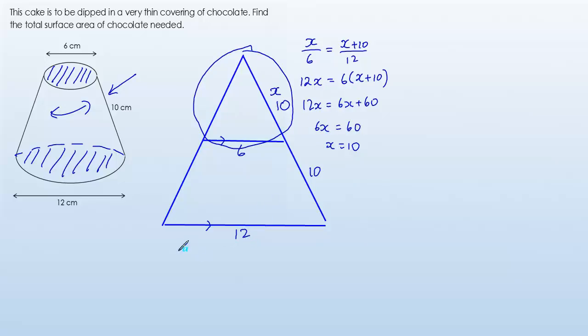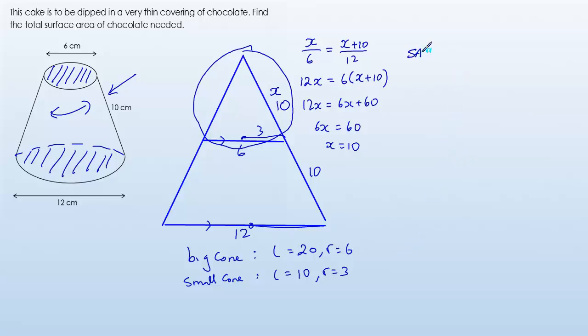So for the big cone, the slant height is 20, and for the small cone the slant height is 10, and the radius for the small one is 3. No, that's the diameter, that's 6. And for the big cone, r is equal to 6, half of the 12.